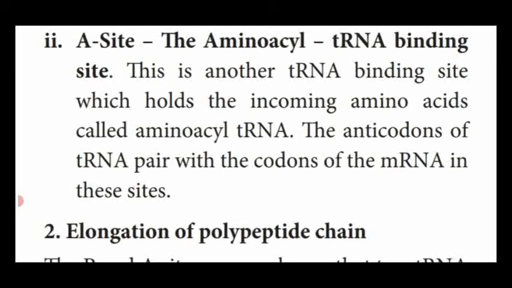Protein synthesis begins with the reading of codons of mRNA. tRNA is the type of RNA which brings the amino acid and pairs complementarily with the mRNA sequences by the information given by messenger RNA. Then rRNA is also responsible for two processes: structural changes and catalytic roles in the translation process.